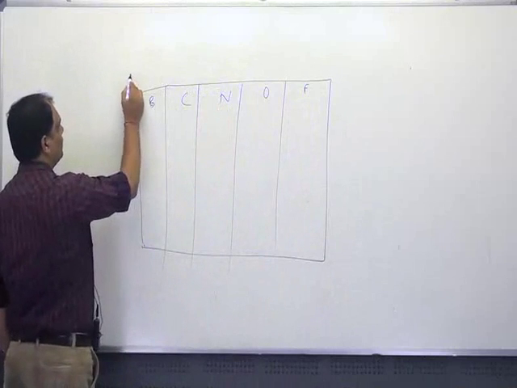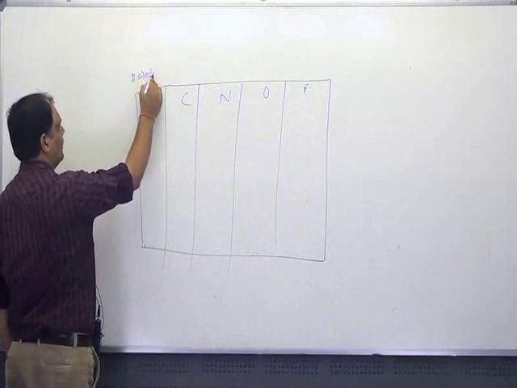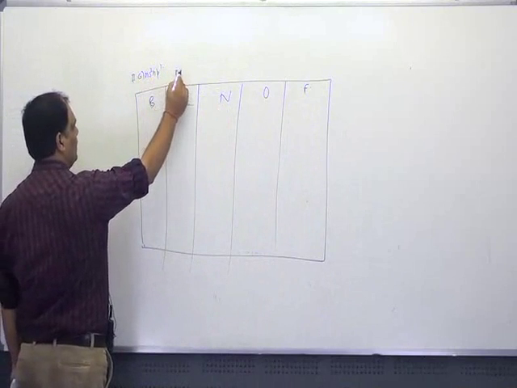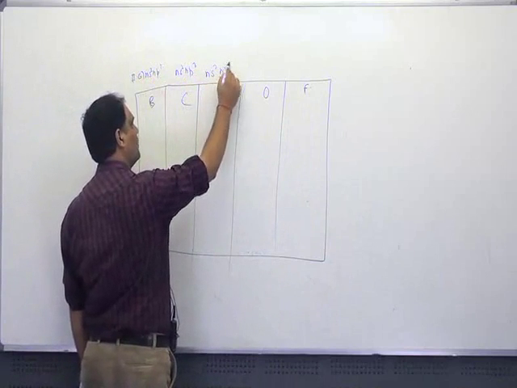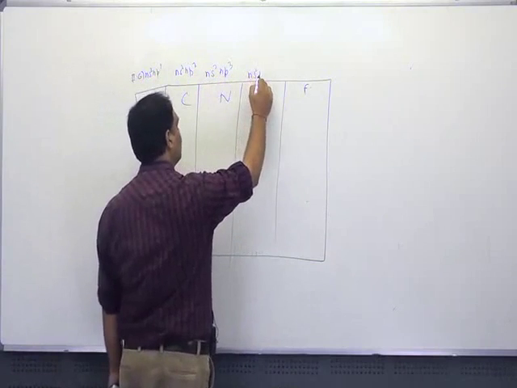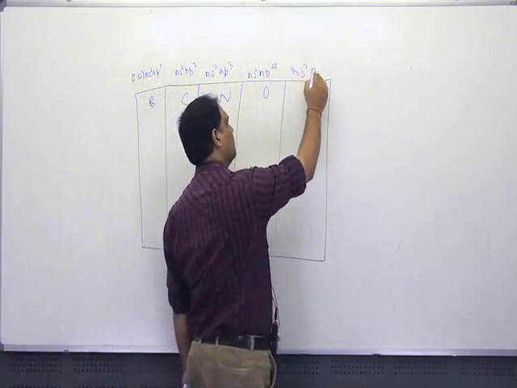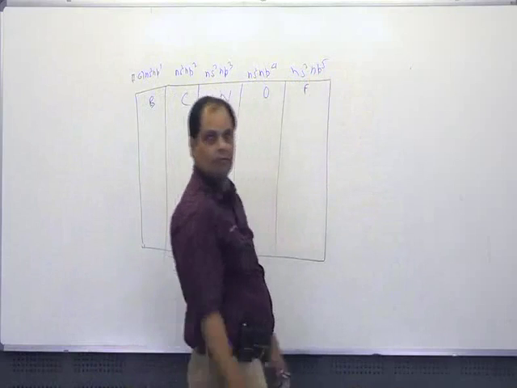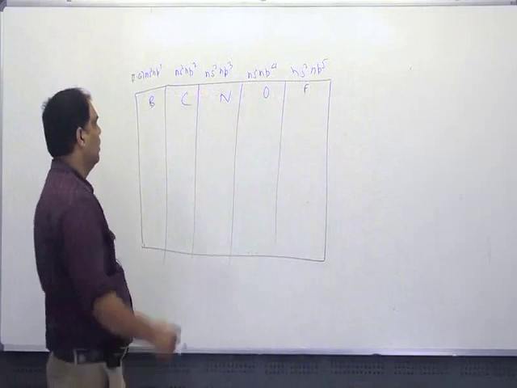The general configuration is inert gas ns2np1, ns2np2, ns2np3, ns2np4, ns2np5. Okay, so this is the outermost electronic configuration.